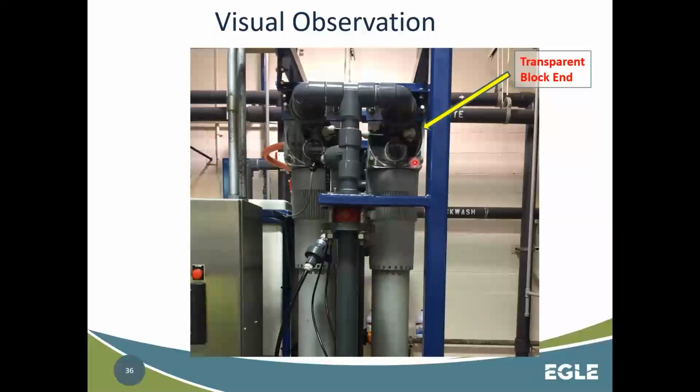And you just look in there, and if you see air bubbles, that tells you that you've got air coming up, so it's like a screening test. So rather than pulling these out and putting them in the test module, you can just take a peek in there, and if you don't see any air, then maybe you don't need to do that. And if you see air, then you know one of them needs further investigation. So that's just another option that they can do.